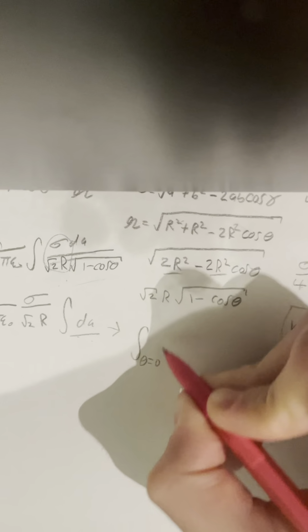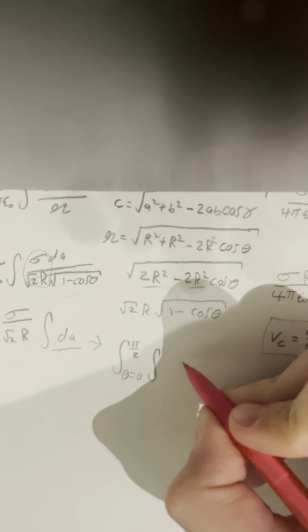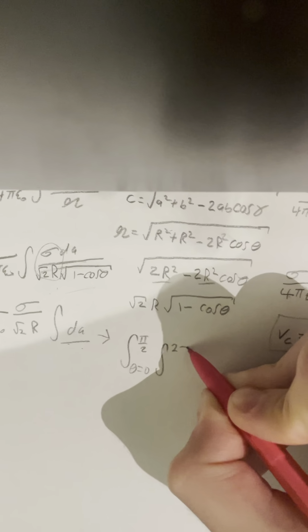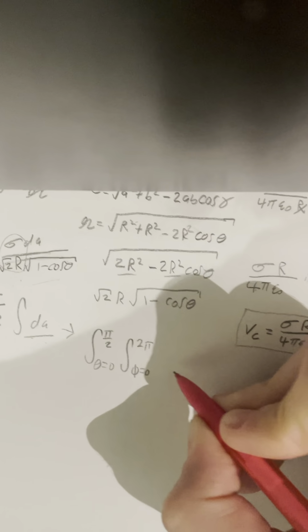So what we're going to have is a double integral, going for theta from 0 to pi over 2. The bounds are really the same as we did for the center, because it's the same geometry and everything. And then for phi, we're going to go all the way up to 2 pi.